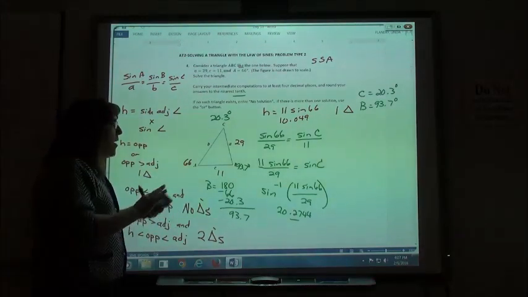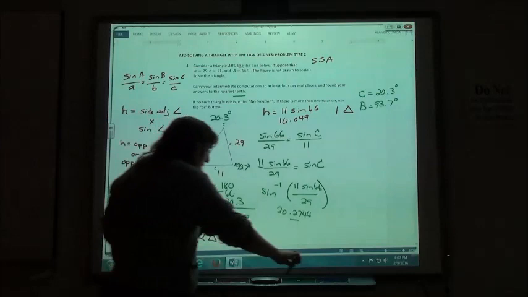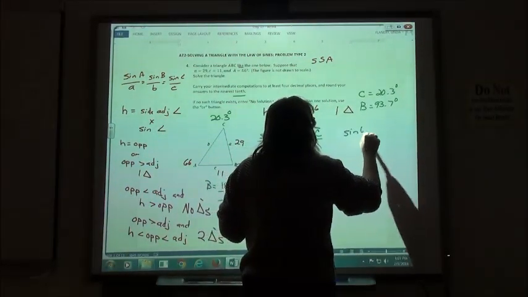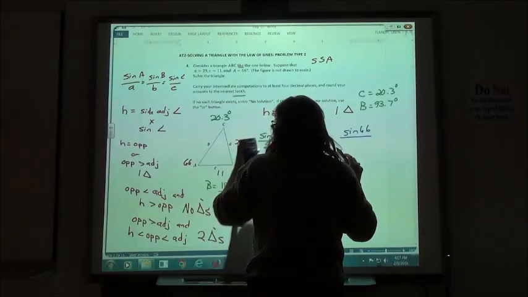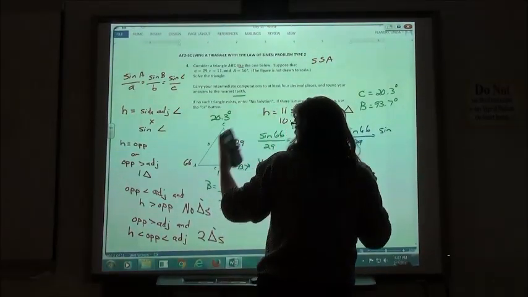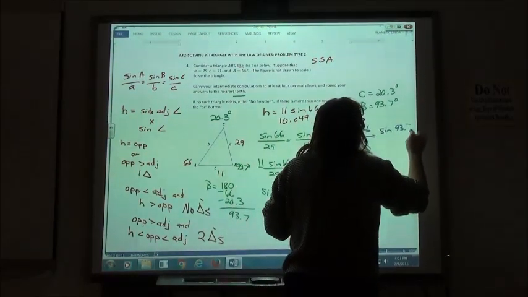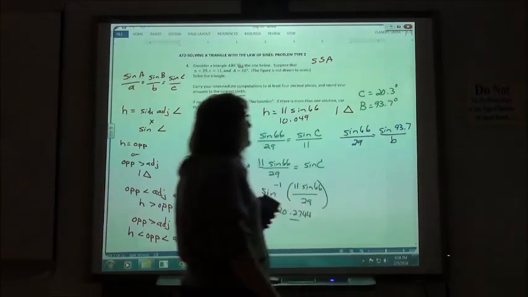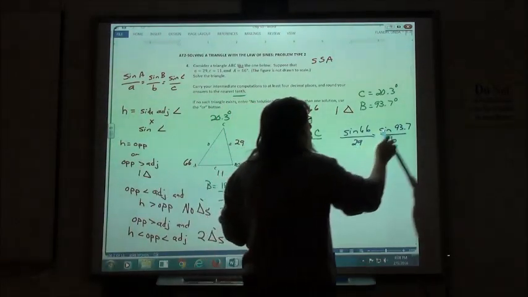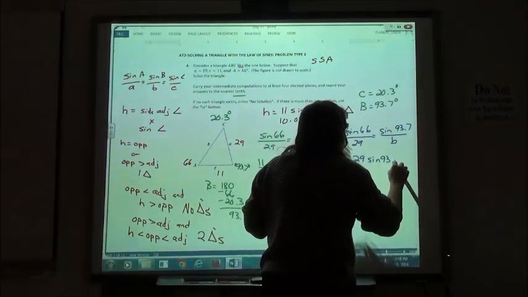Again, to avoid rounding issues, use the original information you had. So in this case, I'm going to use the sine of 66 over 29 equals the sine of angle B, 93.7, over B then. Solving that by cross multiplying, I'm going to take the 29 times the sine of 93.7.